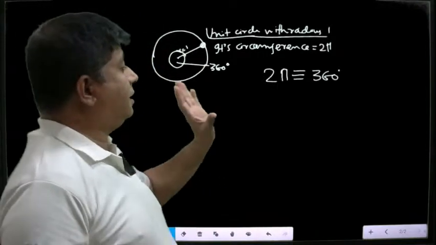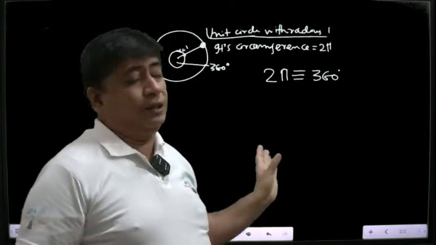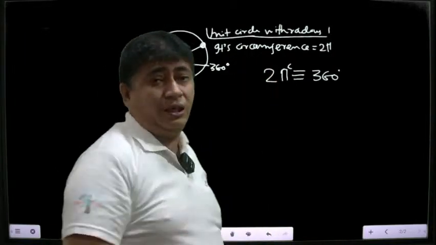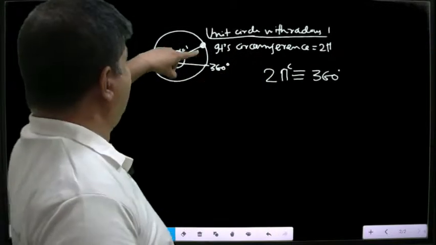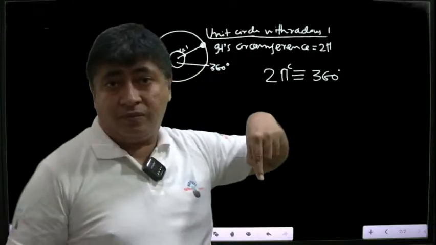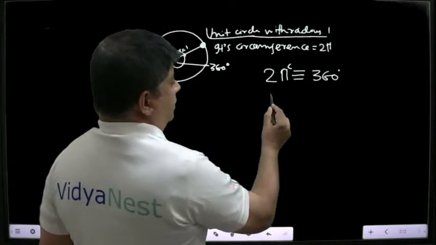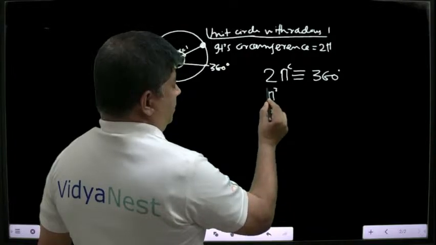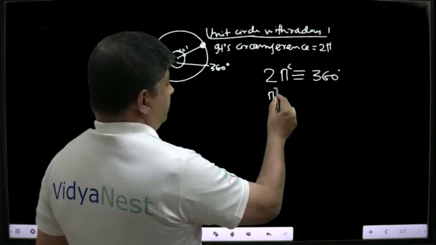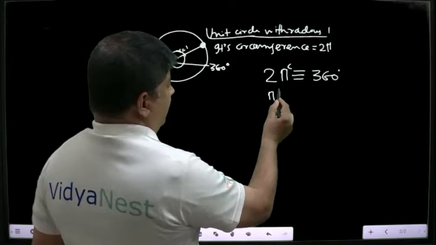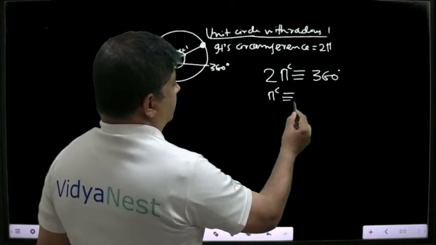This is the relation between degree and radian, and it is denoted by pi superscript c, where c stands for circular measure. So 2 pi is 360 degrees, and from here pi superscript c is 180 degrees.